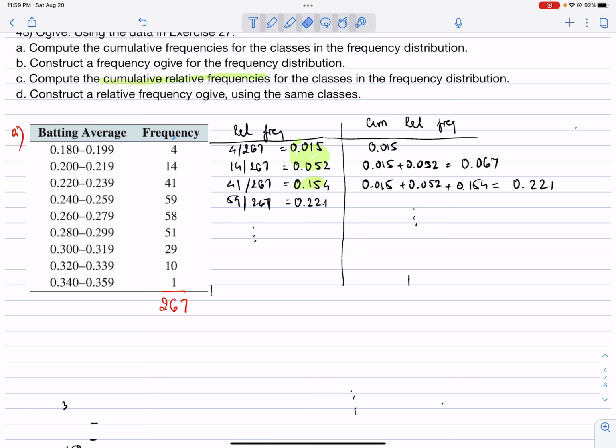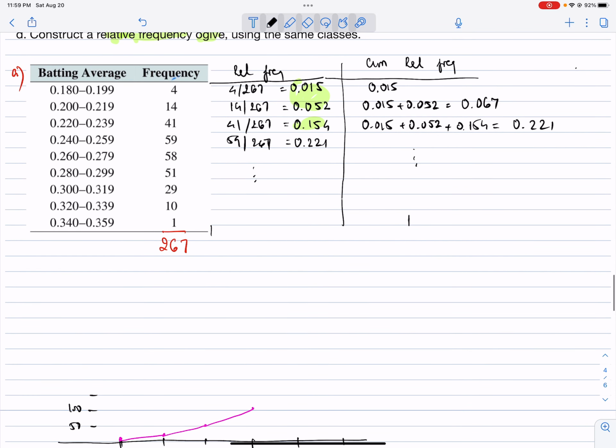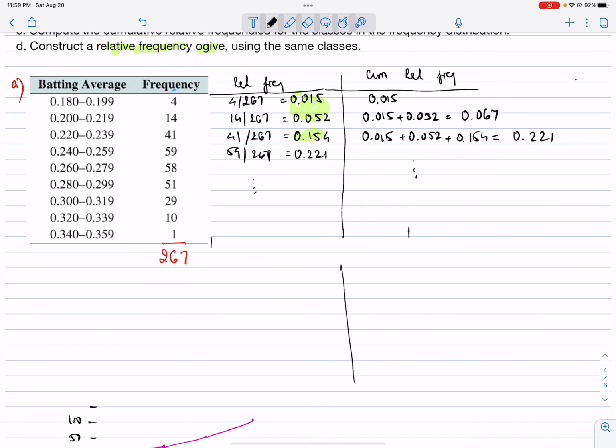Now in part D, we want to construct the ogive, which is the same thing as part B, but we will use the relative frequency. So remember, in part B we used frequency only but not relative. The same thing, we need to make the table.